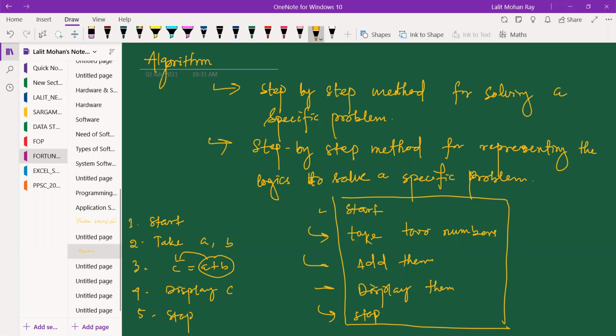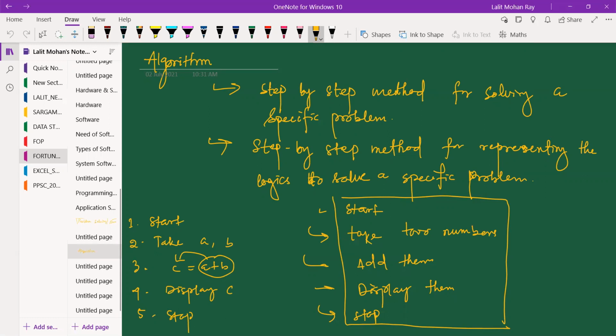When we write any algorithm, we have to write the first step as start and the last one as stop, or the first step as begin and the last step as end.